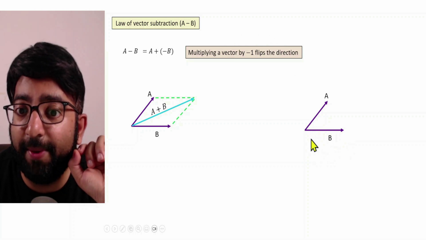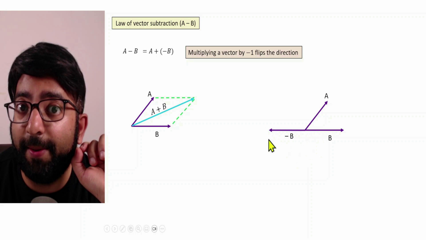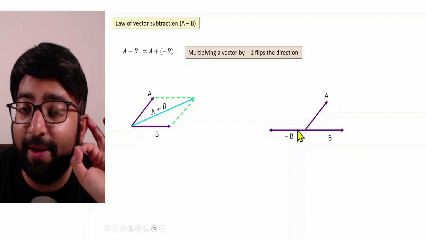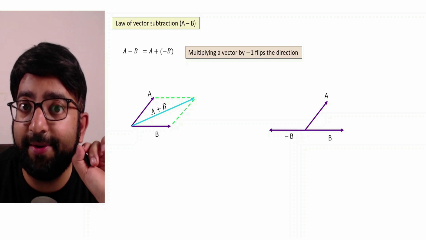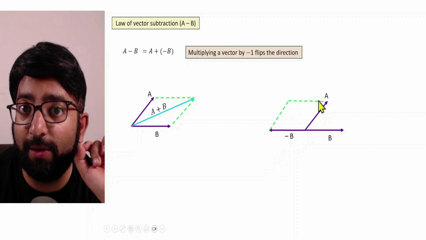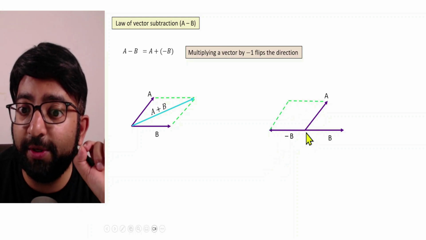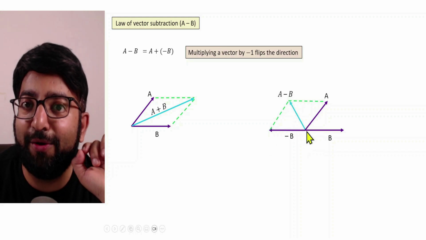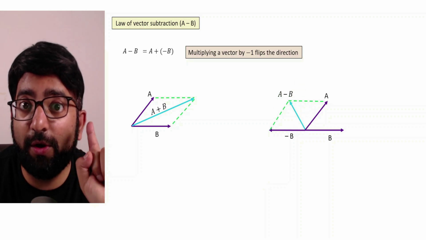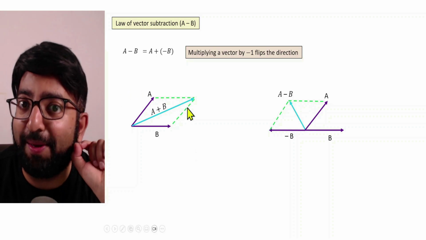So let's invert the b in the opposite direction. So this will be minus b. And now we have two vectors a and minus b. Here we can use the parallelogram law of vector addition. So using these two vectors a and negative b, let us create a parallelogram. That's step 1. Step 2 is to draw the diagonal. And this diagonal will represent a minus b. And that is how we use the law of vector addition to do vector subtraction.